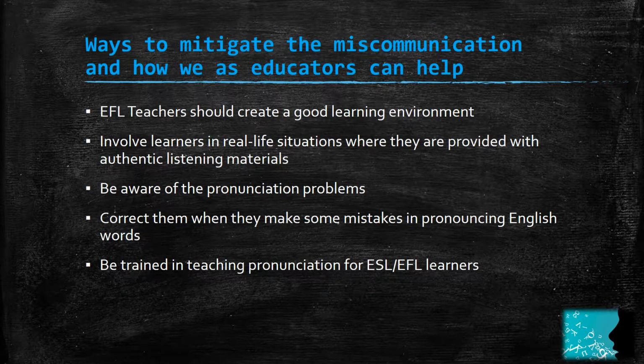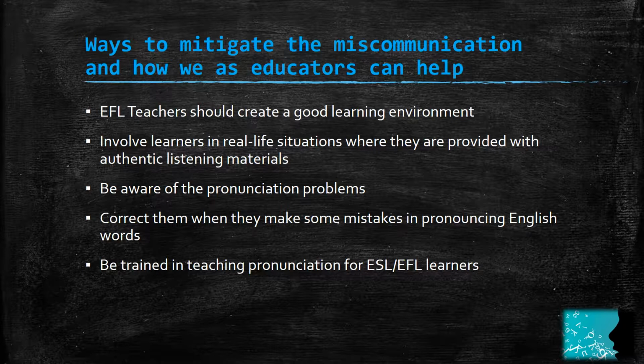Now, our students are going to have some confusion and miscommunication, but we need to have ways that we can make their job a little bit easier. So let's look at some ways that we can mitigate the miscommunication and help them. We can do this one way by creating a good learning environment.